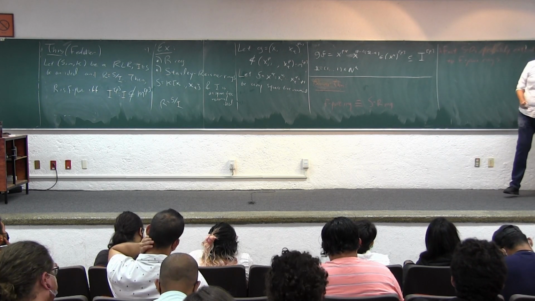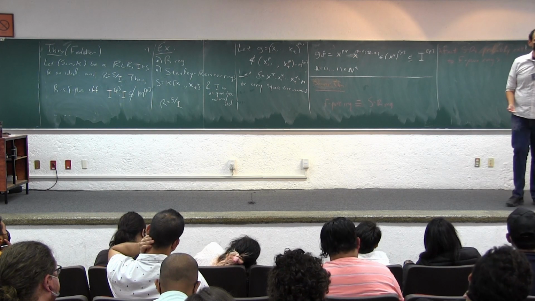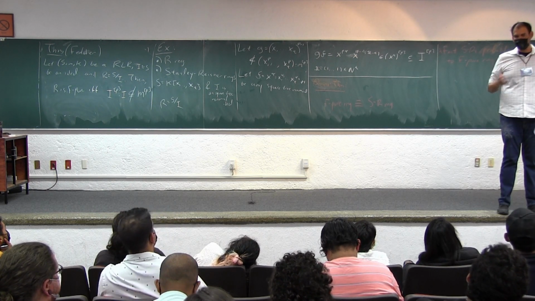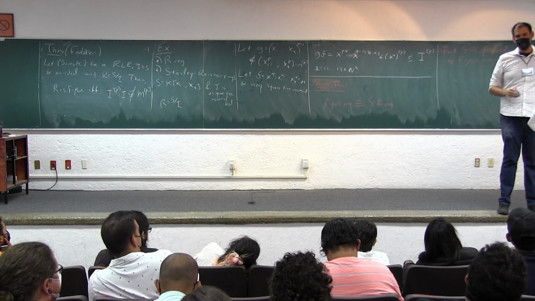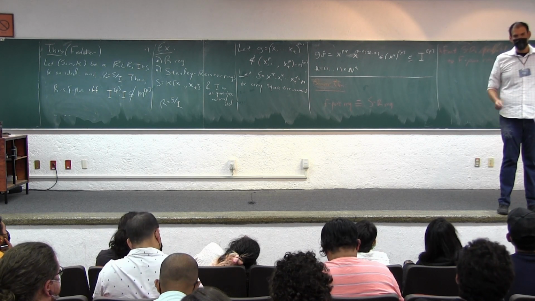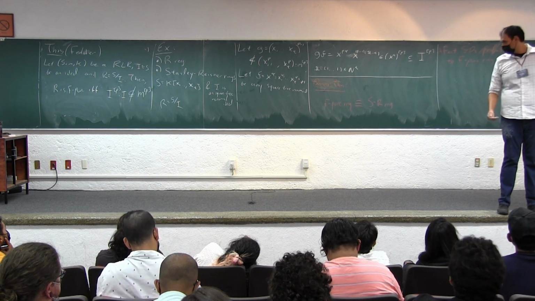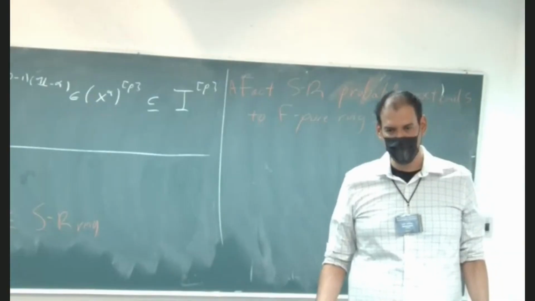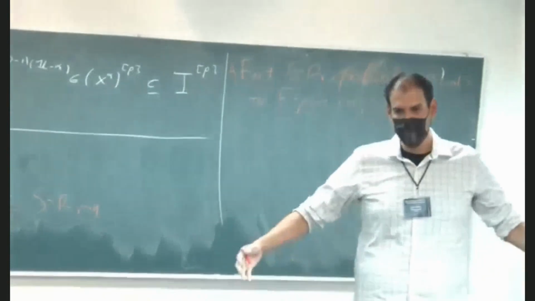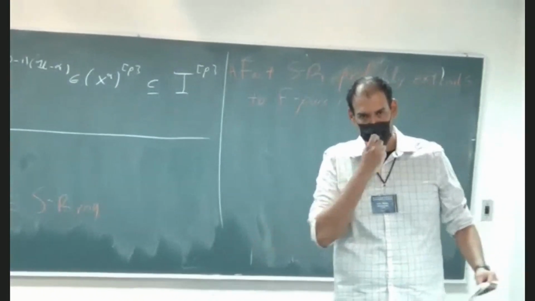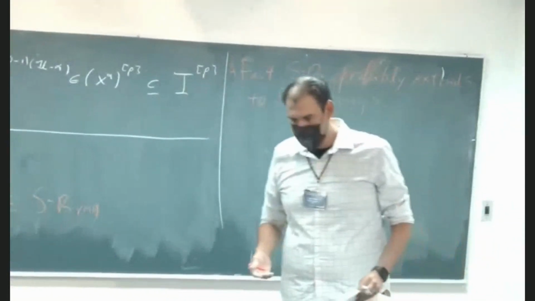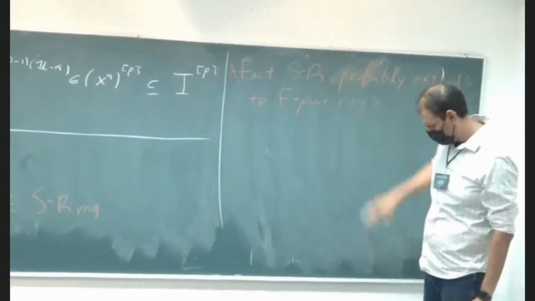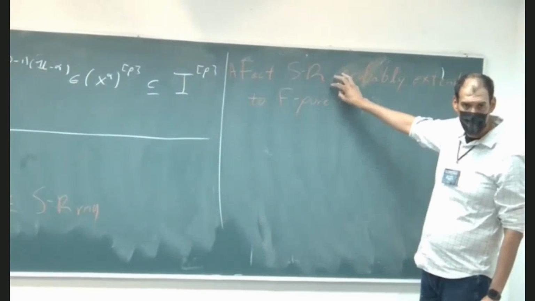So if you say a theorem about standard Reisner rings, then probably you will see a theorem about the same property about the F-pure rings in general. And we haven't seen this yet, but there are a lot of F-pure rings that are not standard Reisner. So it's a much bigger family. And tomorrow we're going to see an example of this in symbolic powers.